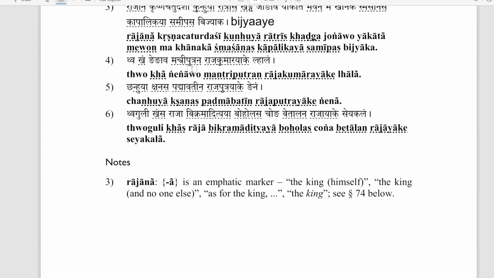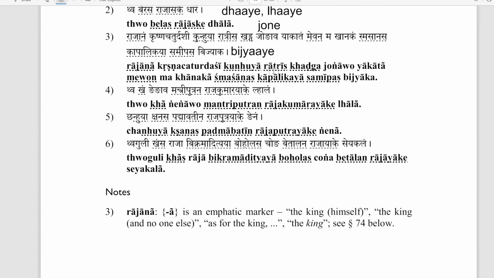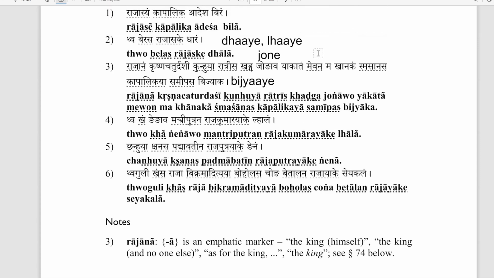Menteri Putra na. So it's the minister, ergative. Yes, exactly. The na is the ergative ending, Menteri is the minister, and Putra is son. So the minister's son. Lahalan, we have that before, the perfective past of Lahaye, to speak.